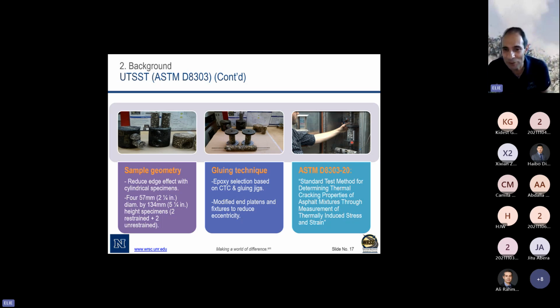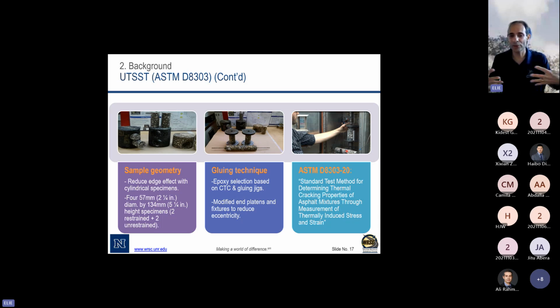Now, at the same time, you see here at the bottom, this is the unrestrained specimen that we put over here. We lay it down on rollers and we measure with LVDTs how much it is shrinking. So if you think about it now, we have a thermal stress build up and we have a thermal strain. From the thermal strain, we can get the coefficient of thermal contraction.